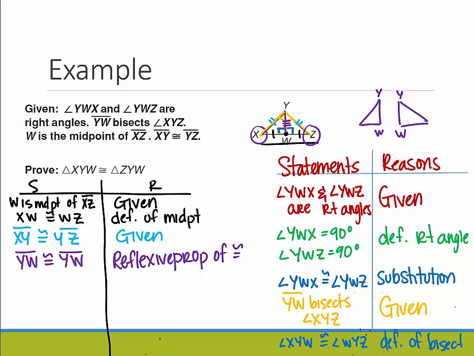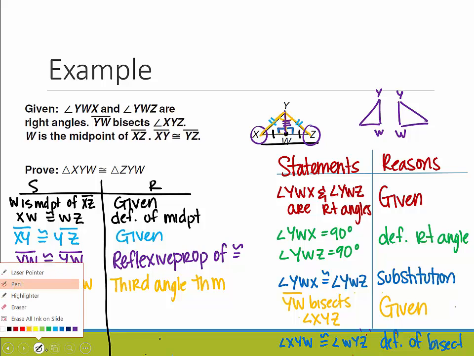So we know that YXW is congruent to YZW because of the third angle theorem. And remember, that said that if you know that two of your angle measures in a triangle are congruent, then the third one has to be congruent also, because they both have to add up to 180 degrees.